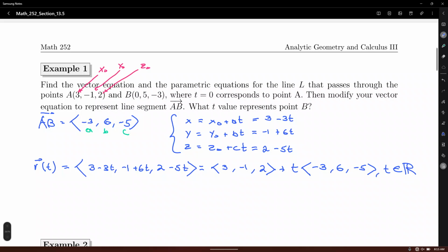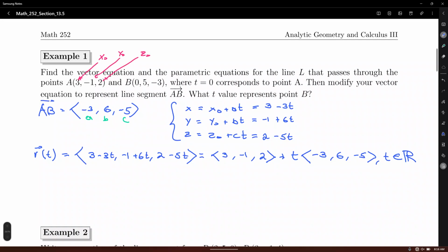A line is defined for all values of t. In the next chapter, we will find domains of vector valued functions where these components are no longer linear expressions, like inverse trig, rationals, or radicals. So everything you learned back in pre-calc and intermediate algebra is going to come back.